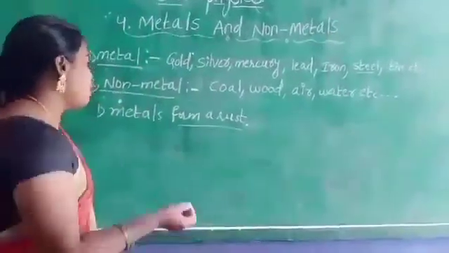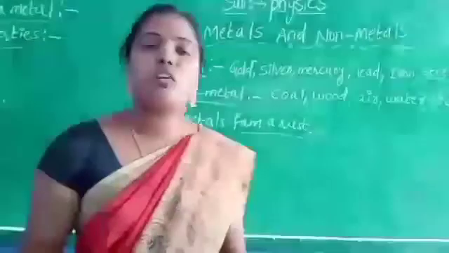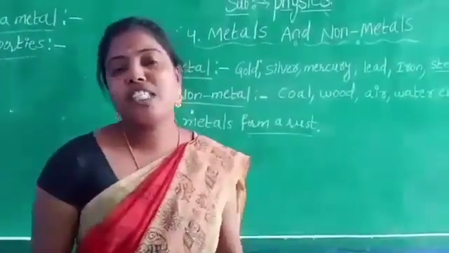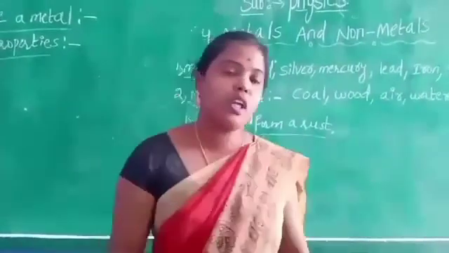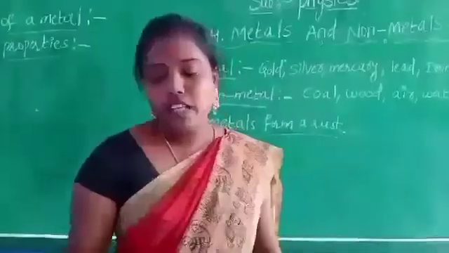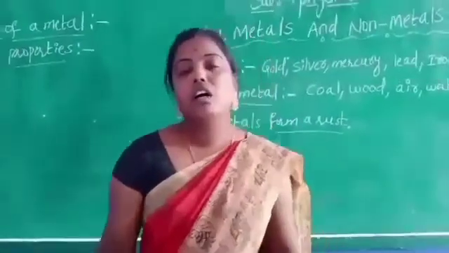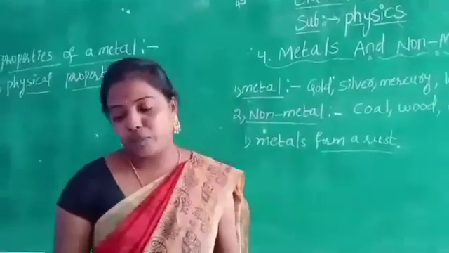So all metals do not form rust. Metals have different types of physical properties and different types of chemical properties. Next, we are going to discuss what is called a metal and what is called a non-metal.